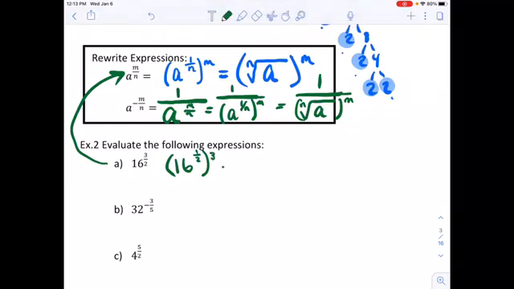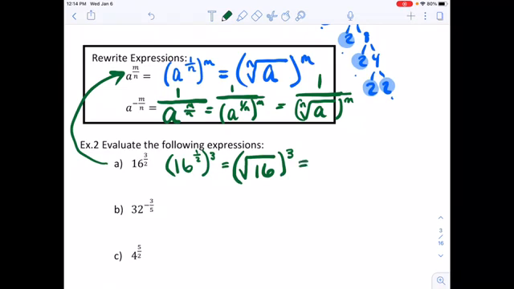Now you can make this the root that it needs to be. So 16 to the 1/2 is the same thing as saying the square root of 16, still all to the 3rd power.